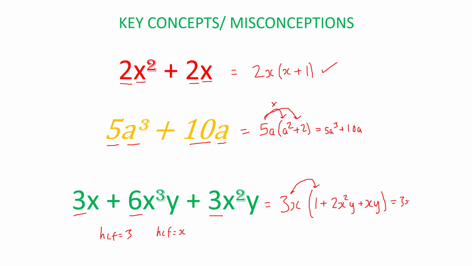That's going to give us 3x. Multiply each number, so 3 times 2 is 6, but the x times the x squared is x cubed, and then you have the y in, and 3x times xy is 3x squared y. I hope that makes sense. And then now you're ready for the questions.